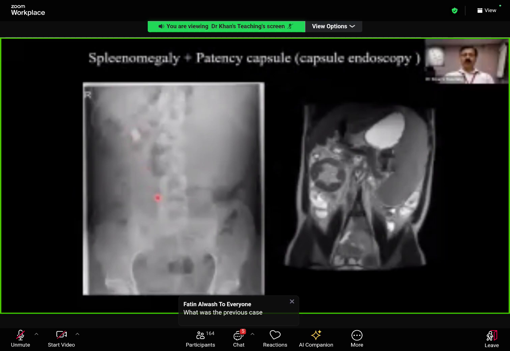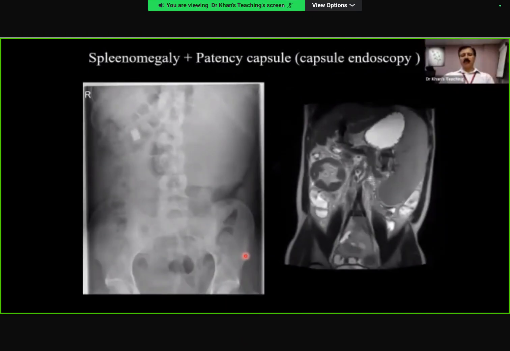On the other hand, if it stays inside, it means there is a stricture. And if there is a stricture and they have done capsule endoscopy, then they will have to do surgery because of that. So I just wanted to show you, because in this era these are being used very often, so all candidates should know the concept behind it. Patency capsule.